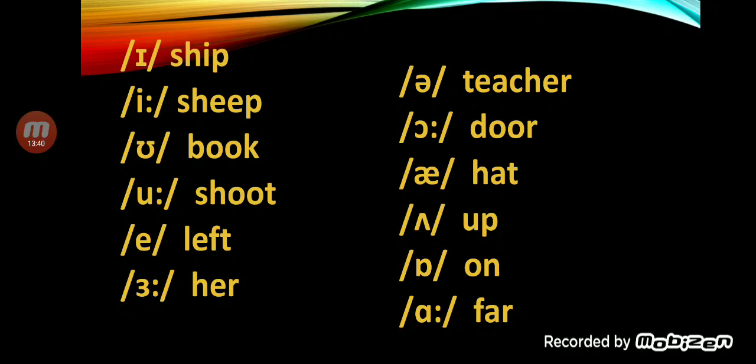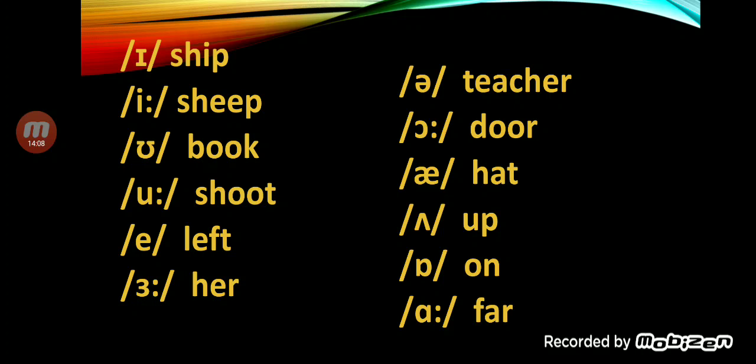So these are the vowels. The first one is as in ship. The second one is as in sheep. The third one is as in book. The fourth one is as in shoot. The fifth one is as in left. The sixth one is as in her.